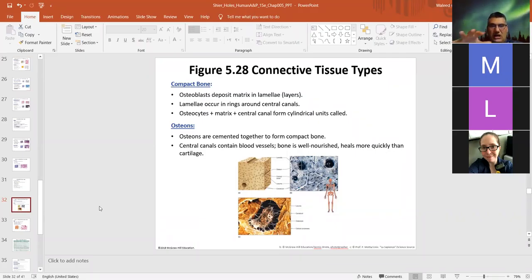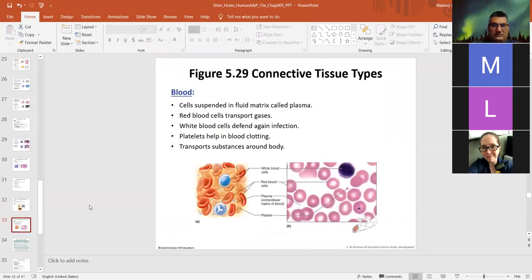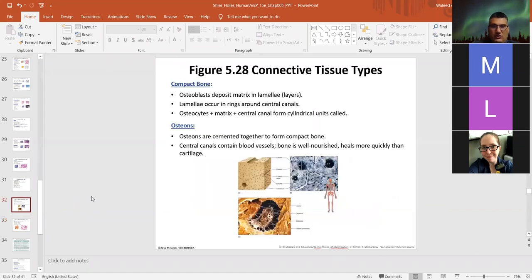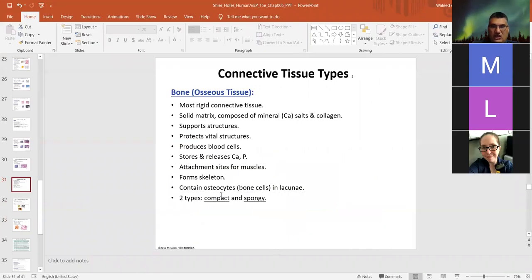So if I want you to come up with something about the compact bone, it is the outer tough bone that looks compact, meaning it doesn't have cavities. This is one. Osteon is the building unit. This is two. When you come to the spongy bone, it looks spongy, meaning it has cavities. What's the building unit? Trabeculae. Are you guys following with me? You have two types, compact and spongy.